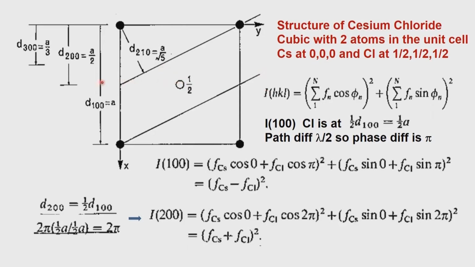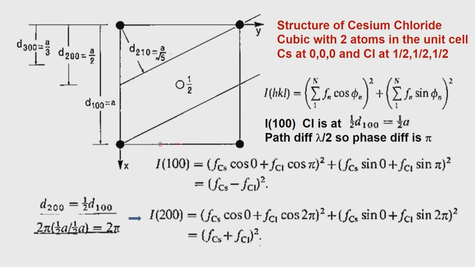You draw a line here parallel to 1 0 0, and that comes at half this position. If this is the path difference of lambda, then this will be at lambda divided by 2, because half of d 1 0 0 is half of a. Since it is in the half a direction, we have a path difference of lambda by 2, because with the full a the path difference is lambda by the definition of Bragg's law.